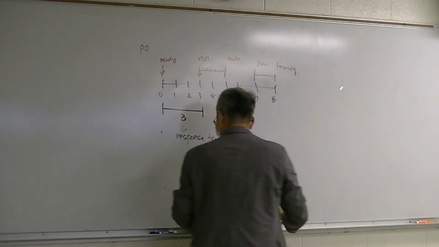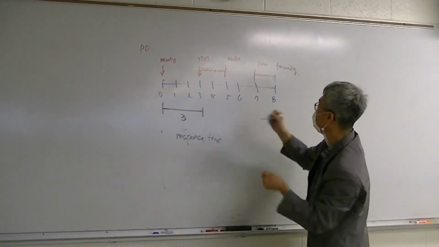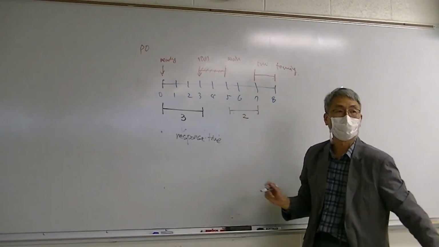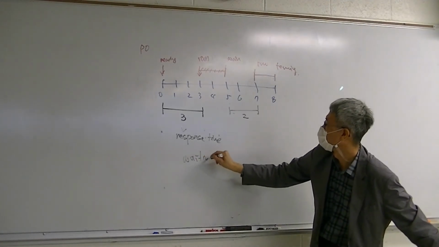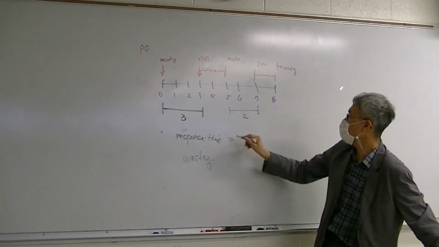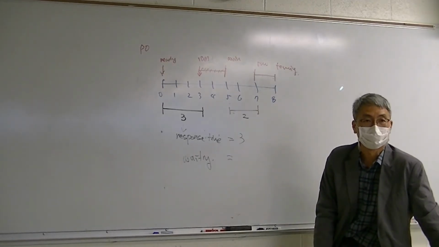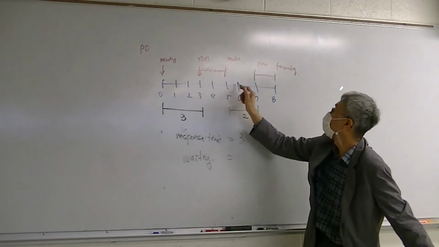However, this process has also been waiting 1, 2 time slots here. So what is the waiting time? Response time is 3. What is the total waiting time? 1, 2, 3, 4, 5.